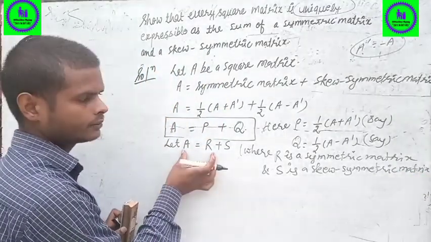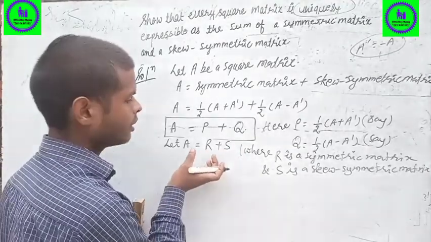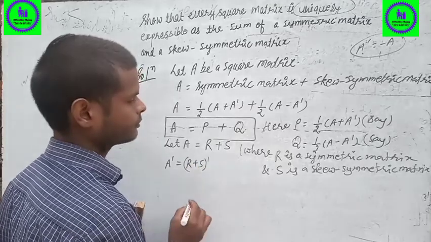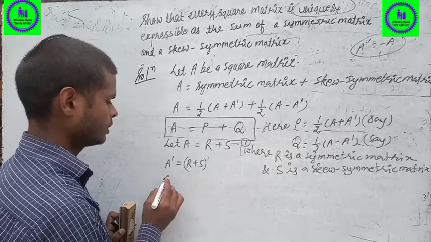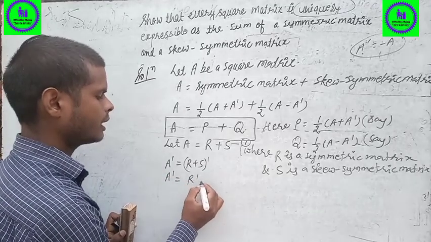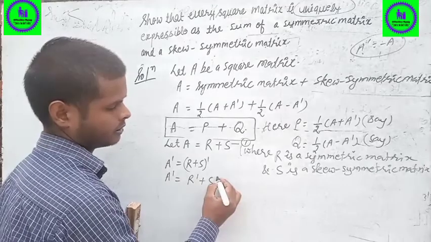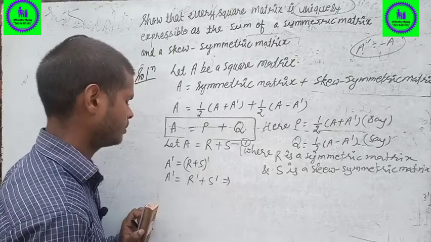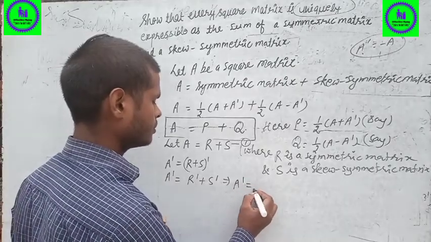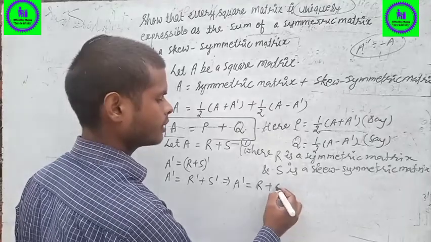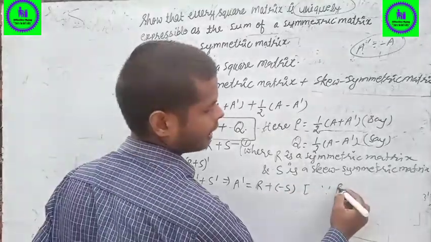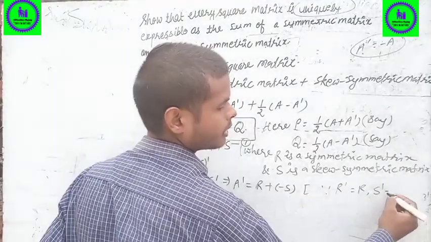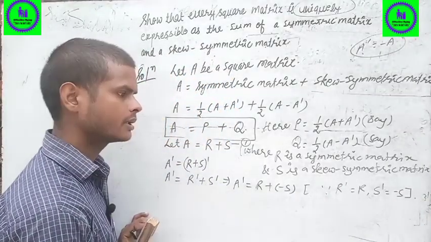Now taking transpose on both sides, A dash is equal to (R plus S) whole dash. This is equation first. Here A dash is equal to R dash plus S dash by the property of the transpose of a matrix. Now A dash is equal to R plus minus S, since R dash is equal to R, as R is symmetric, and S dash is equal to minus S, as S is skew symmetric.